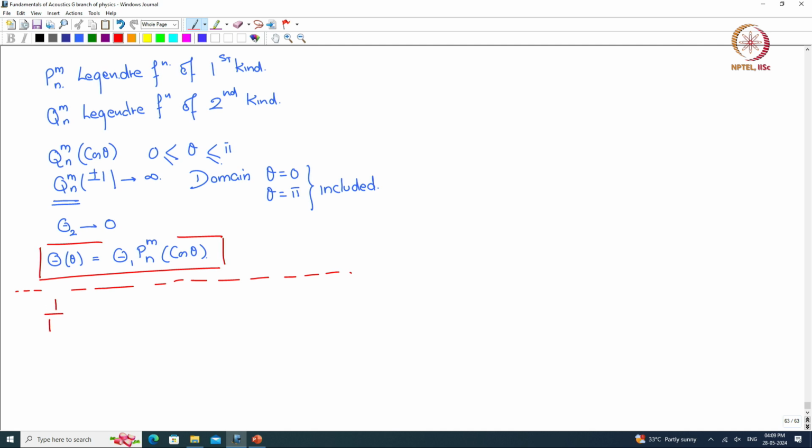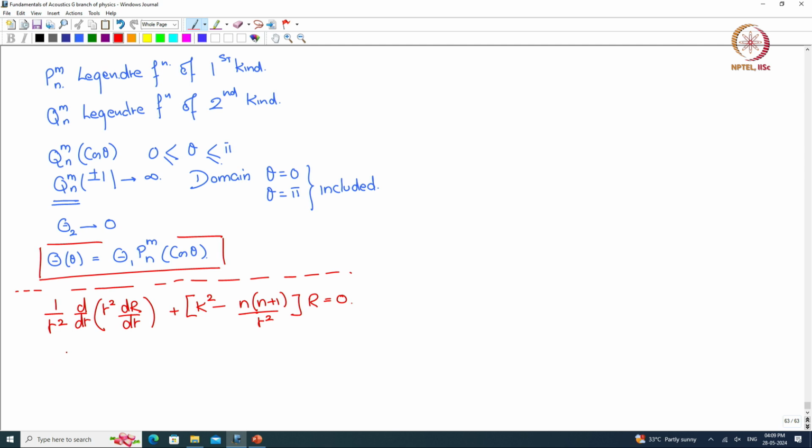So I have 1 over R square d by dr R square dR by dr plus k square minus n into n plus 1 by R square into R equal to 0. Okay.